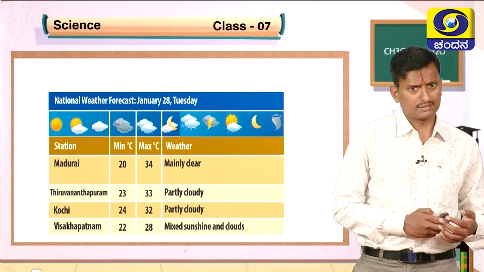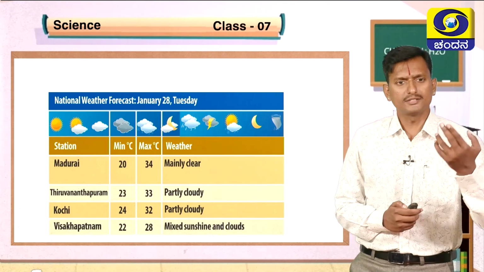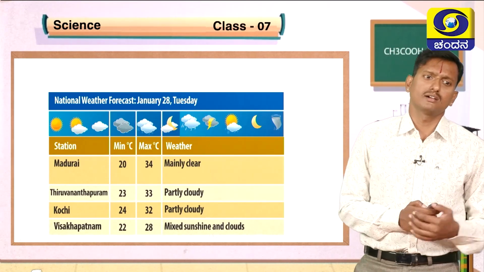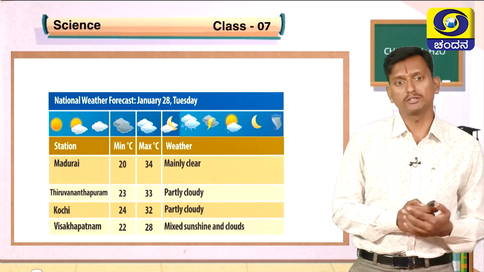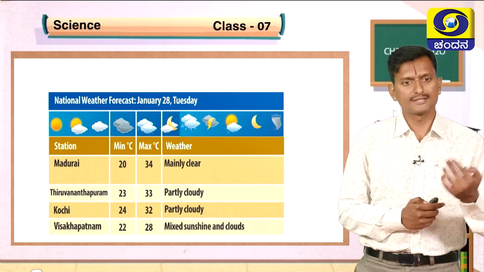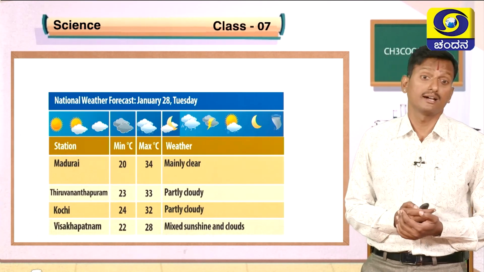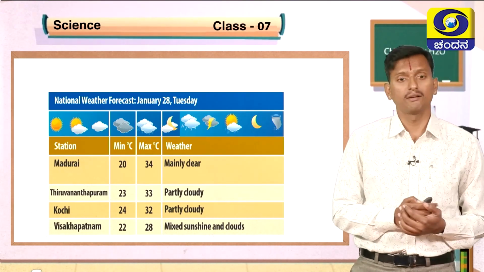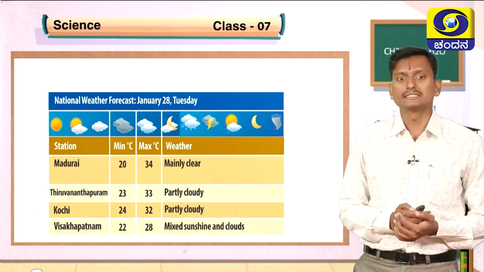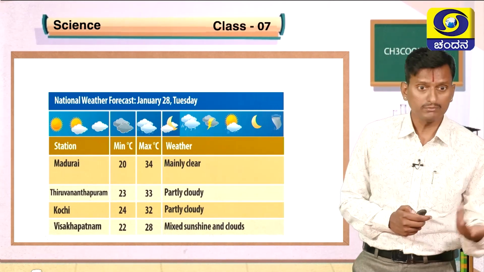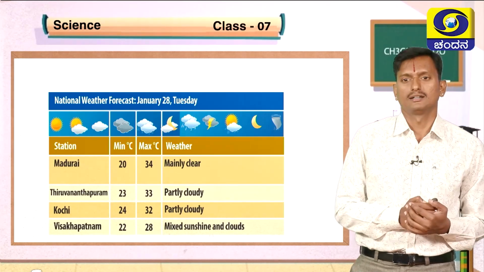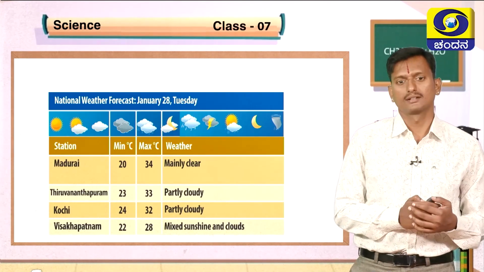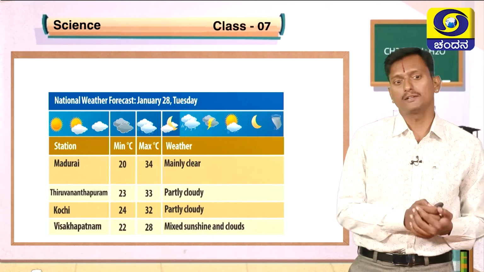See, one chart is in front of you. This shows weather information of different states. That is Madurai, Thiruvananthapuram, Kochi, Visakhapatnam. Madurai has a minimum of 20 degrees Celsius, maximum 34 degrees Celsius. Weather is mainly clear. In Thiruvananthapuram, we see 23 and 33, different temperatures, and the weather is partly cloudy.